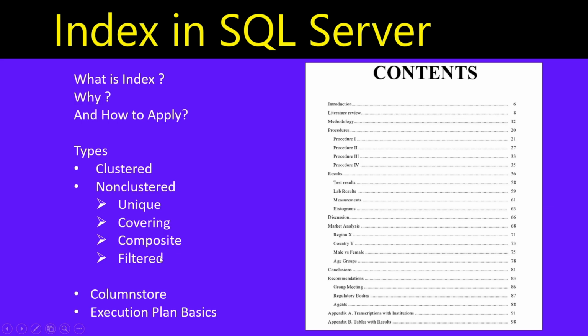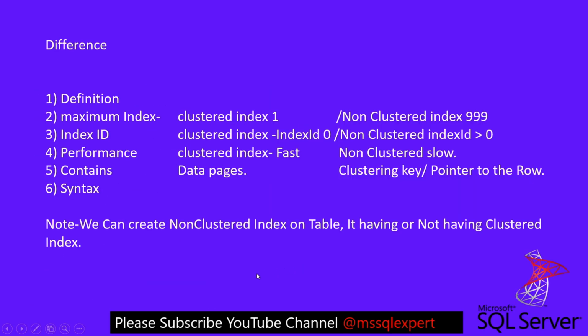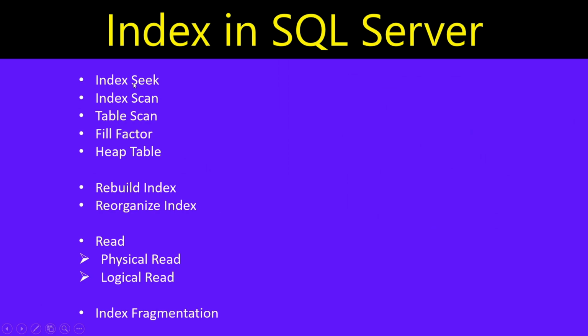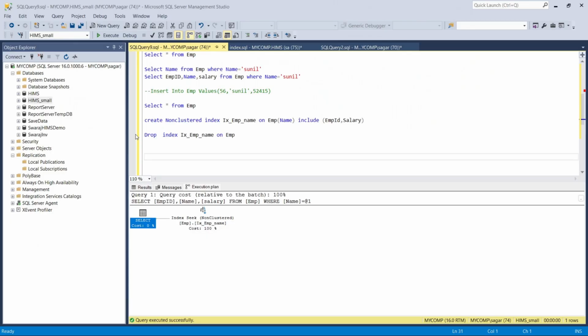And there is one more thing: from a data warehouse point of view, there is a column store index, or we can call it a columnar index. That is also good from the DW, meaning OLAP, point of view. And we saw the index seek operation, index scan operation, table scan, correct? And in the next session, we will go through the subtypes of non-clustered index.